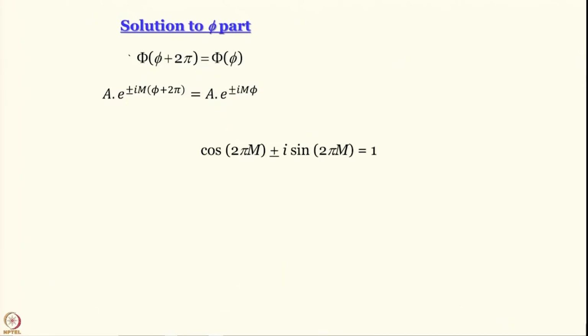First solution one might think is e to the power plus minus I m phi multiplied by e to the power plus minus I m 2 pi is equal to e to the power plus minus I m phi. The e to the power I m phi terms cancel, you are left with e to the power I m 2 pi is equal to 1, and it is not very difficult to figure out what m will be from there. But what we do is we use the trigonometric relationship. We know that the exponential term is really equal to cos 2 pi m plus minus I multiplied by sin 2 pi m, right. So, we write this to be equal to 1.